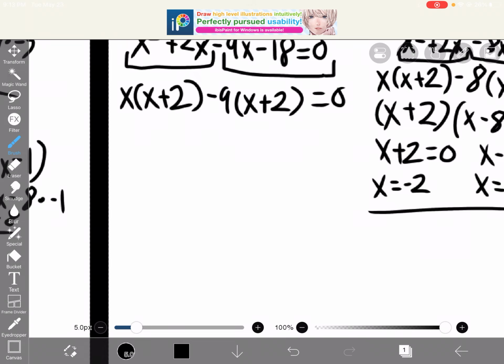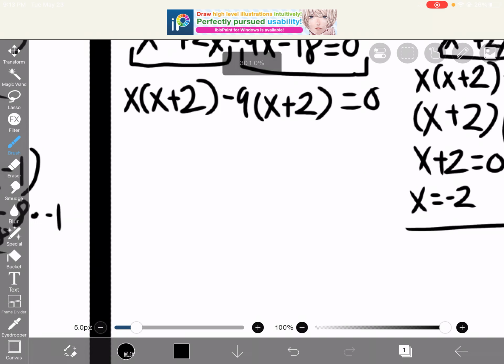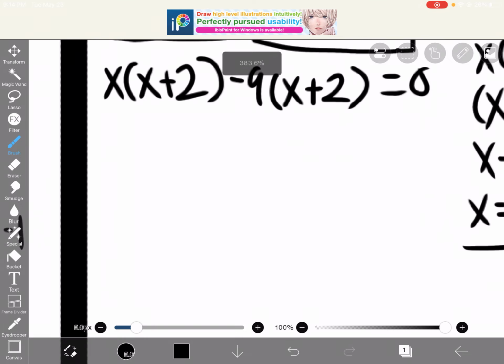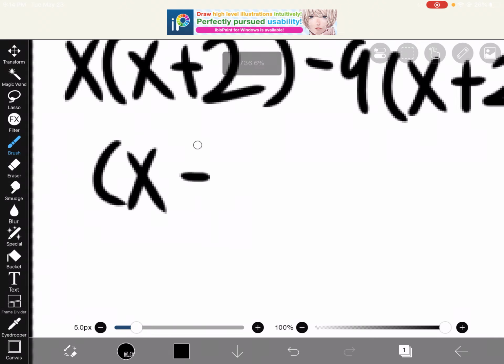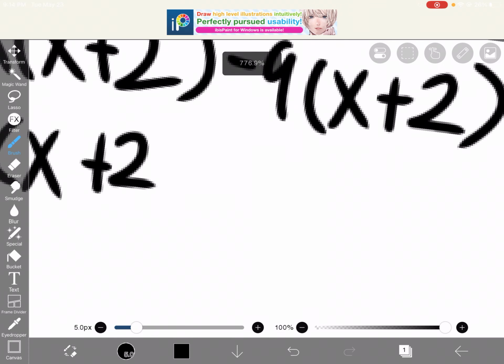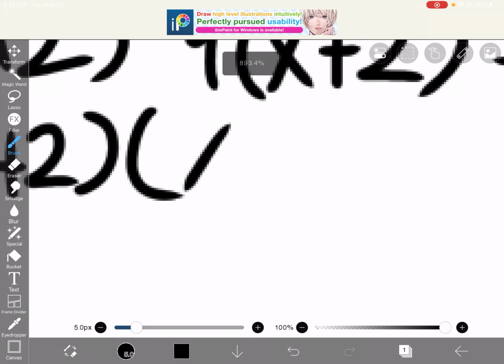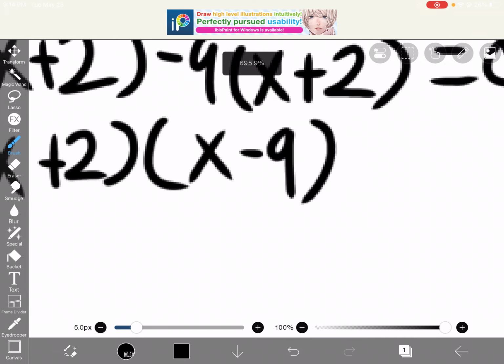And now we factor out x plus 2, and we get x minus 9, so that is x plus 2 and x minus 9.